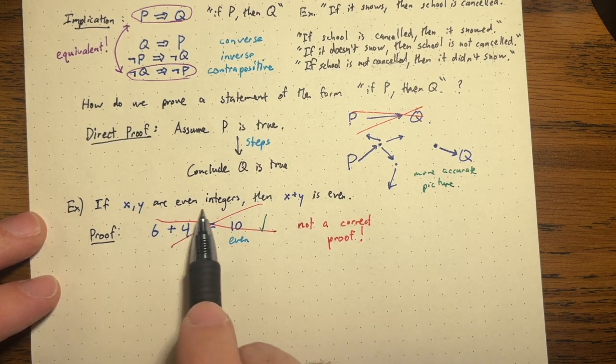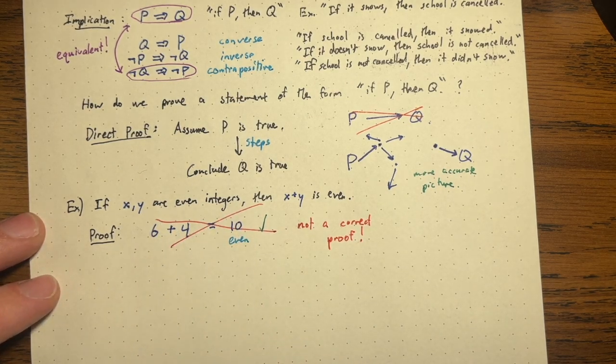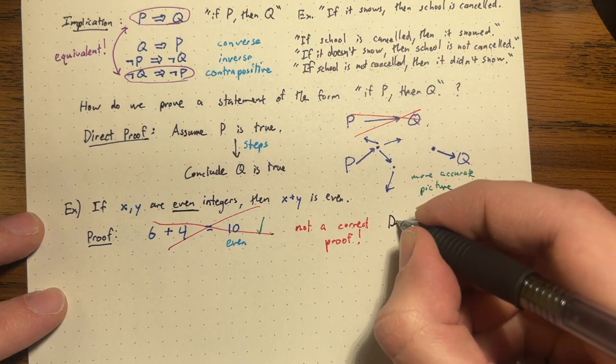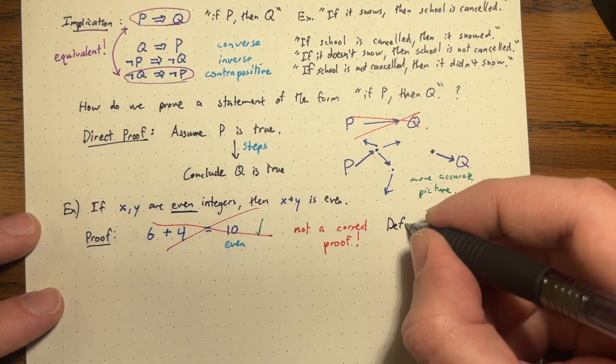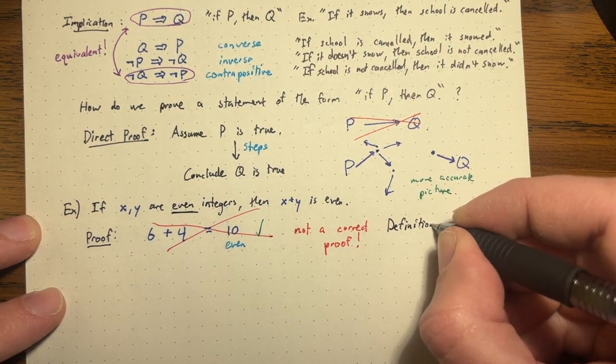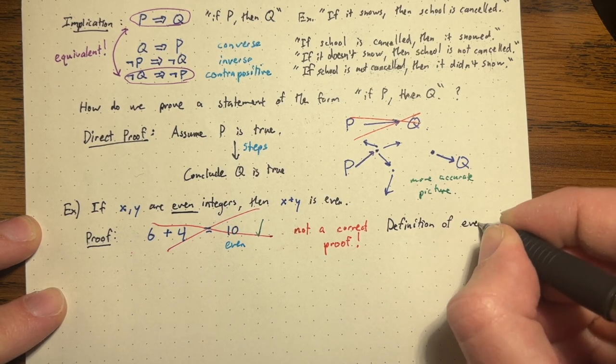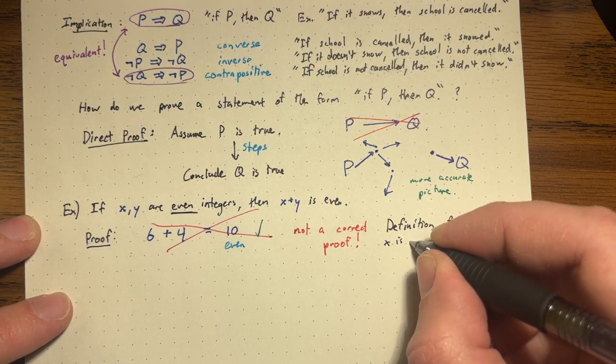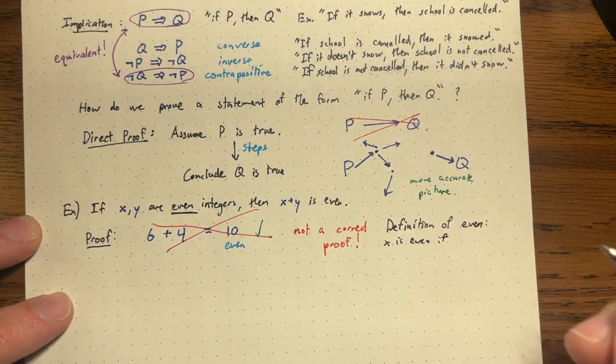And so how do I write down two even integers? And this is where you often want to look at the definition. We have definitions for everything. So a definition of even, for example, let's recall what that is. x is even if, what does it mean to be even?